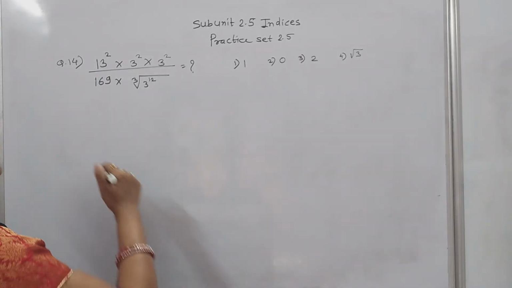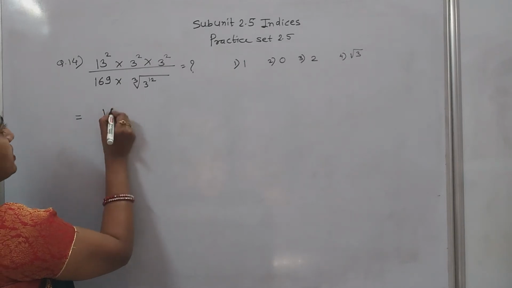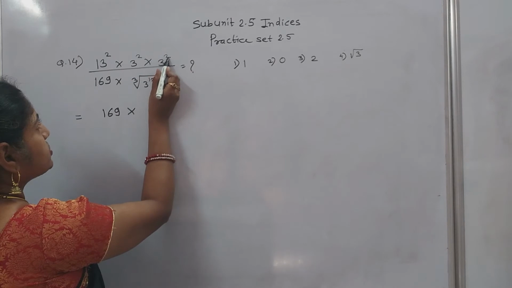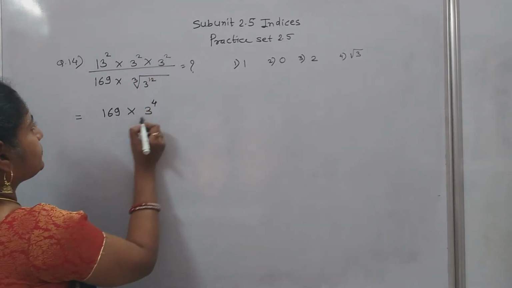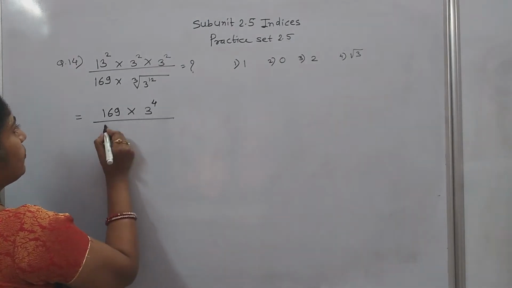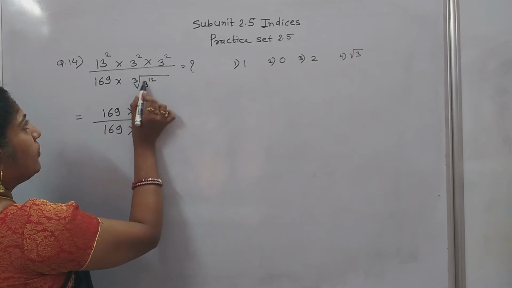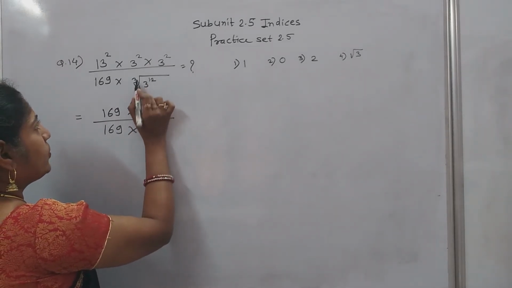Next example is square root of 13 square, that is 169 into 3 square into 3 square, 3 raised to 2 plus 2, 4, upon 169 into cube root of 3 raised to 12. Index is 12, power is 12 and root is 3.